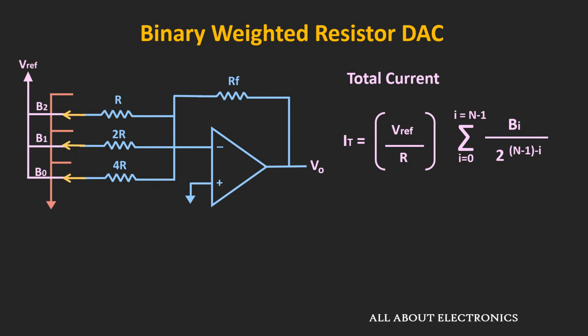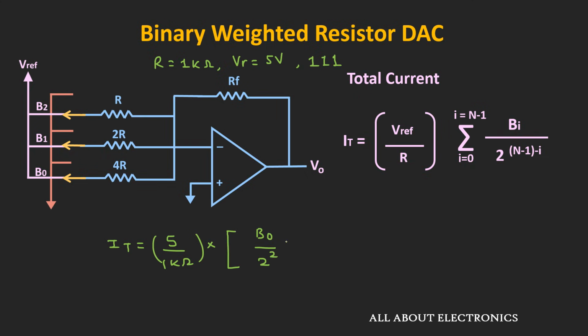So in this circuit, if R is equal to 1 kilo ohm and the reference voltage is equal to 5 volt, then for the binary code of 111, the total current IT can be given as 5 divided by 1 kilo ohm multiplied by B0 divided by 2 to the power 2 plus B1 divided by 2 to the power 1 plus B2 divided by 2 to the power 0.